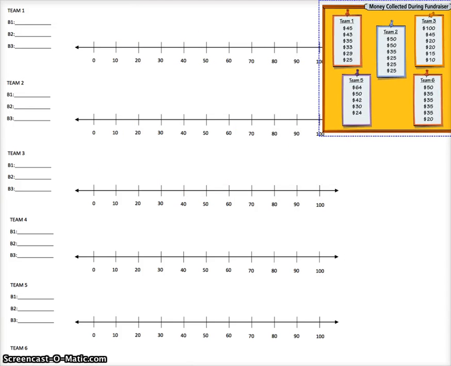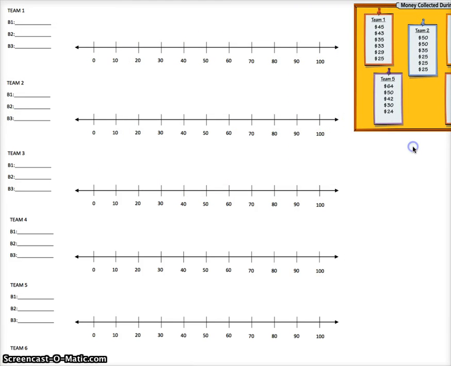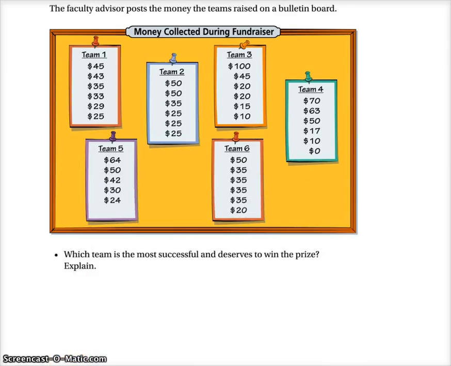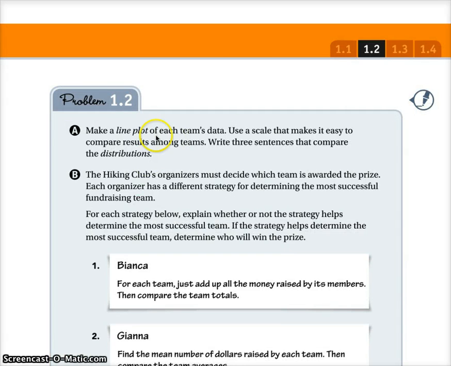I'm going to start with just team 1. It says find the MAD and use the line plot.